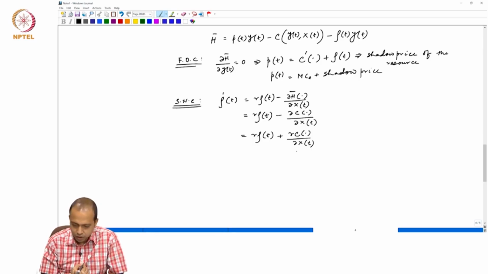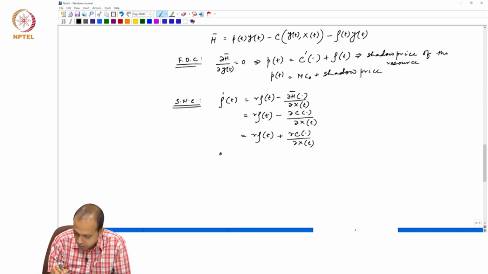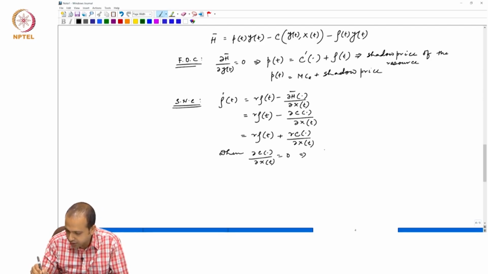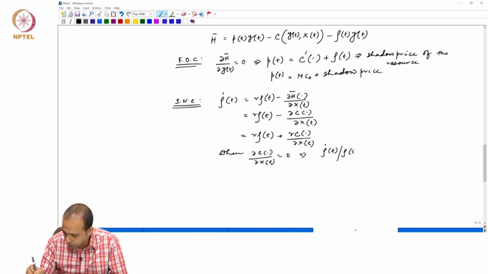Okay. When del C del xt equals 0, what we can get is that rho dot t divided by rho t equals r.